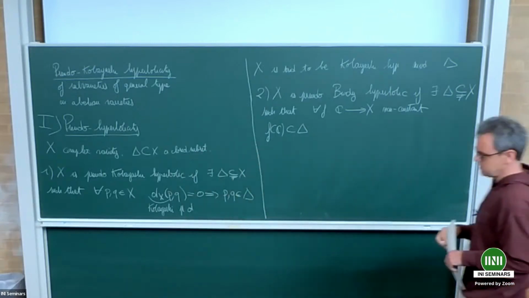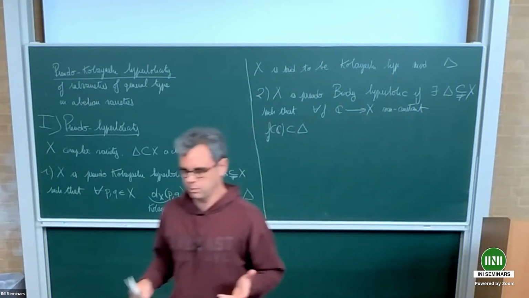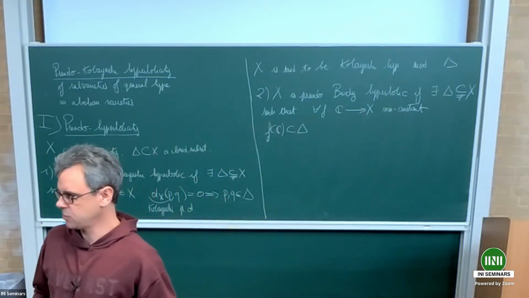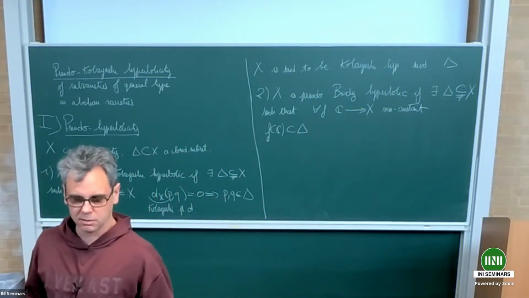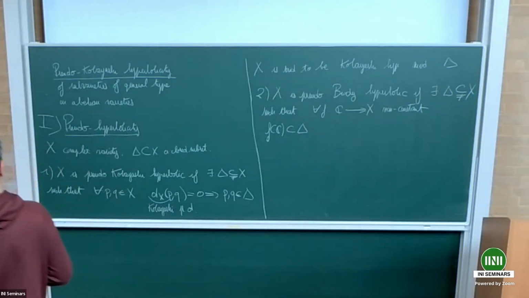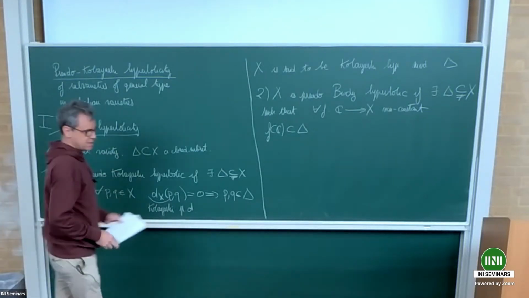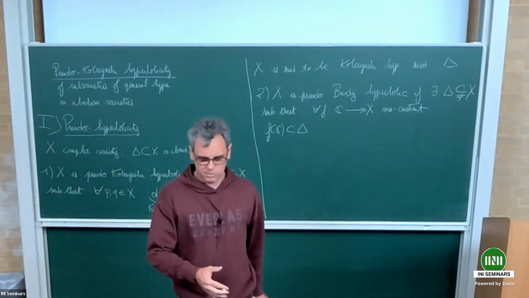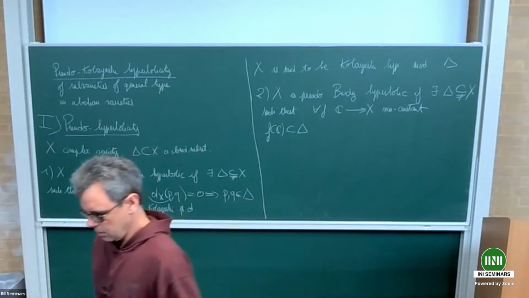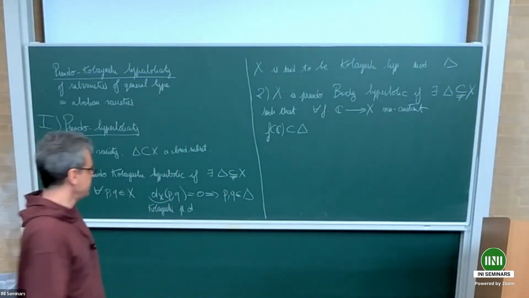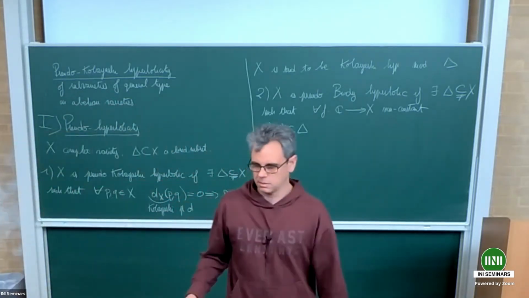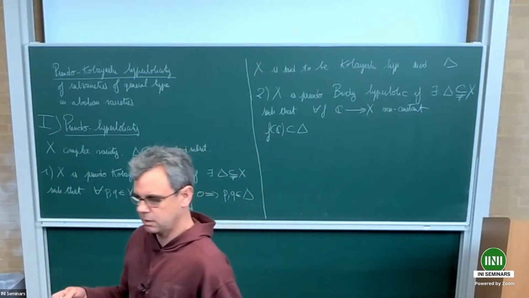Okay, so this is the notion of pseudo-hyperbolicity. And in fact, from the point of view of birational geometry, this is the good notion. We saw an example, and we'll see this example appearing again: when you take a blow up of a hyperbolic variety, it is not hyperbolic anymore, but it is pseudo-hyperbolic.